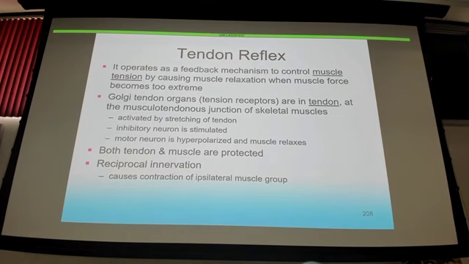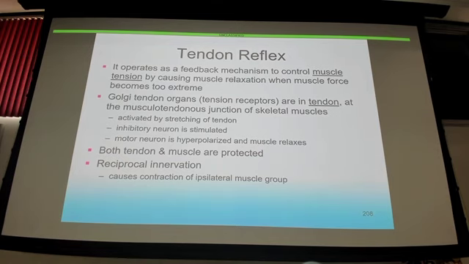I like to use the leg because that's all the pictures, but if I'm pulling on my bicep and I start pulling on the tendon that's connecting it, this muscle is contracting and I'm trying to pull this way, and the tendon has a Golgi tendon organ in it that can measure that tension. If it becomes too much or too quick, what does the tendon need to cause?